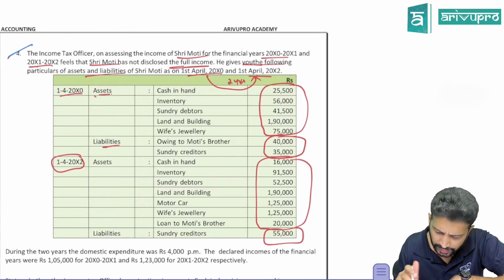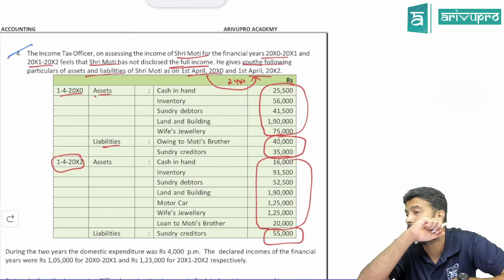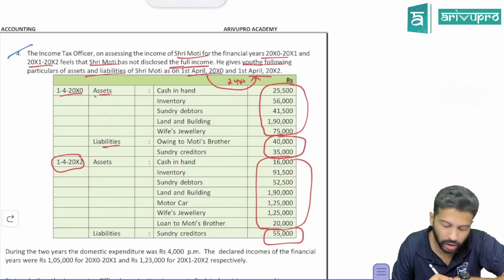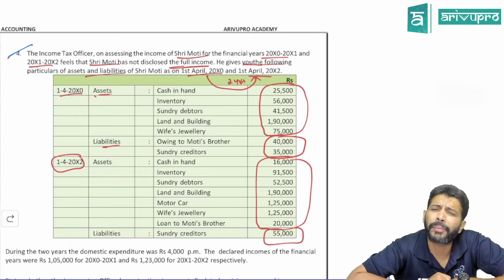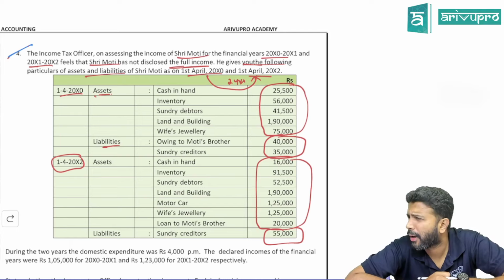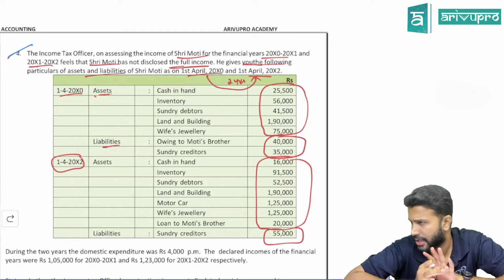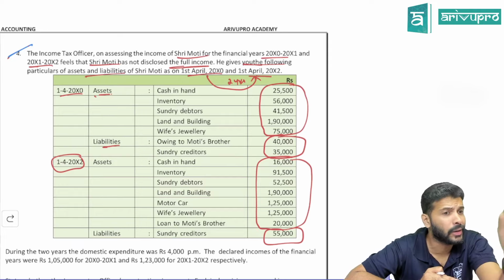If you have a quick look through the boxed items, one component is still missing. What is that? Capital. So how do you get capital? Same drama. Prepare a statement of affairs and get capital as a balancing figure. The day you prepare the statement of affairs, that day's capital you will get.